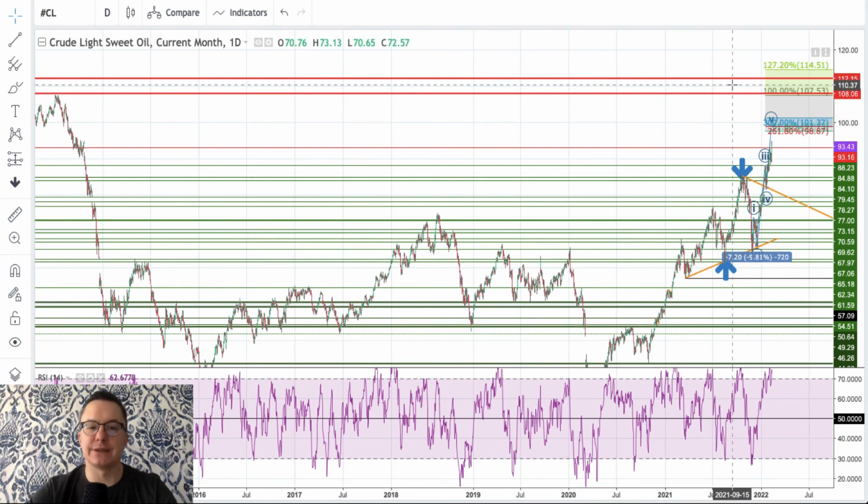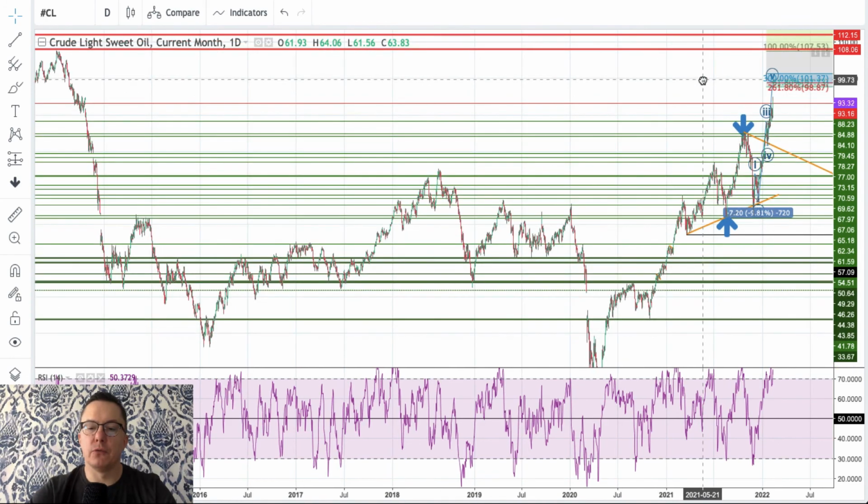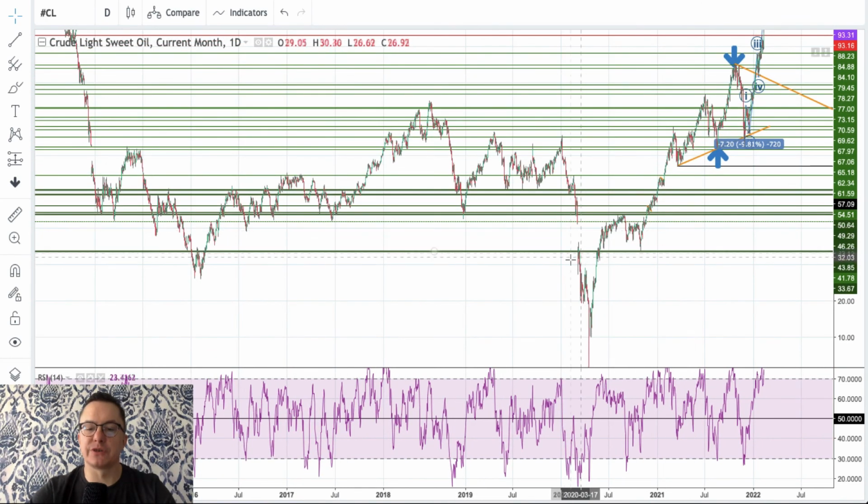This is the supply zone. This zone might be hit easily very soon. I'm not talking about today, but relatively even to the end of the month or with the beginning of March 2022.